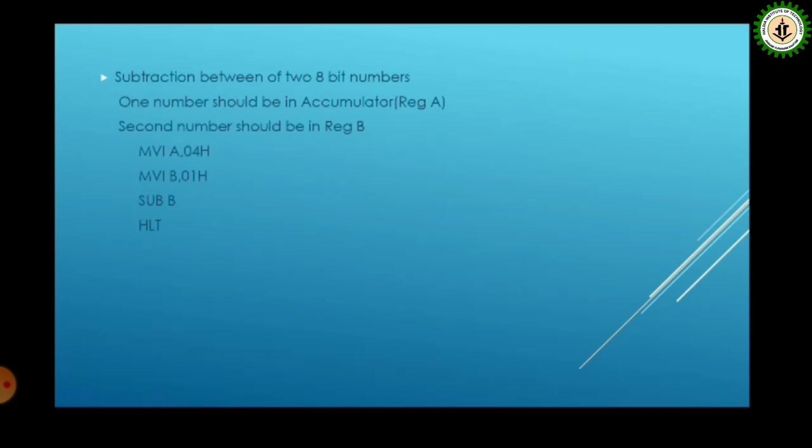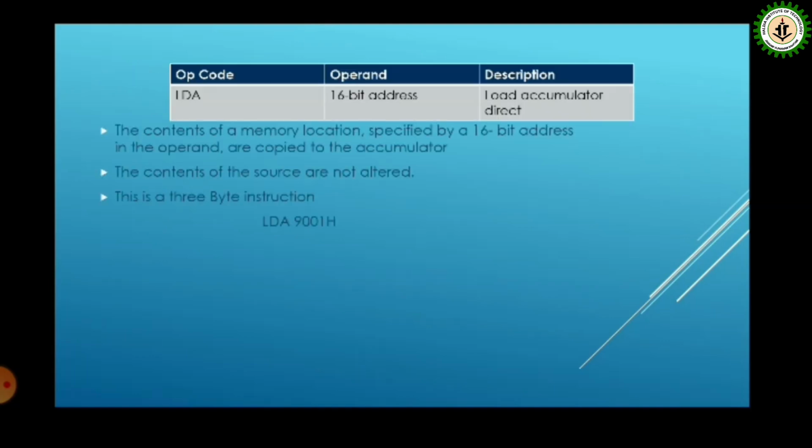Now, after the addition instruction or subtraction instruction, the contents of the accumulator change, and the contents of the flag register will change and reflect the result of the operation. Then one instruction I am discussing: LDA 16-bit address, load accumulator direct. The contents of the memory location specified by a 16-bit address in the operand are copied into the accumulator.